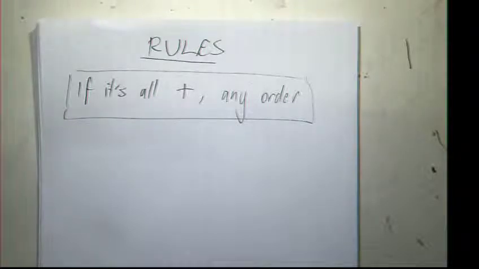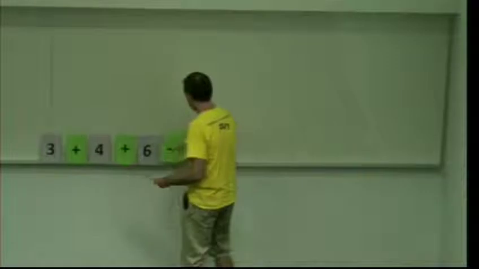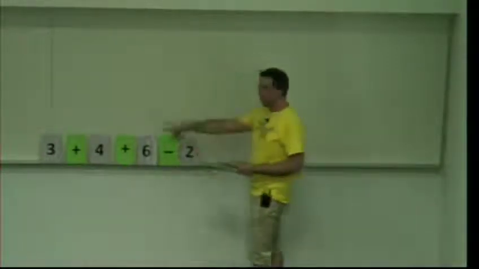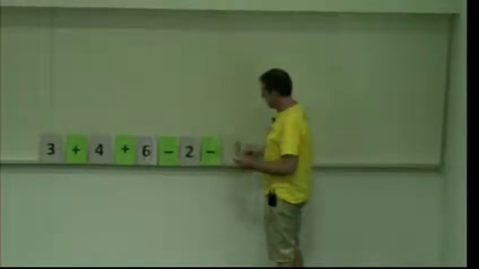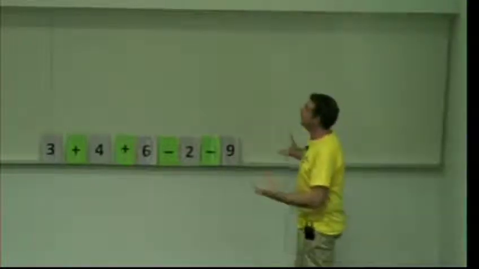Back to the camera. So that was 13 so far. Minus 2 would make it 11, and minus a 9 would make it 2. Okay, so far this calculation comes out to be 2.